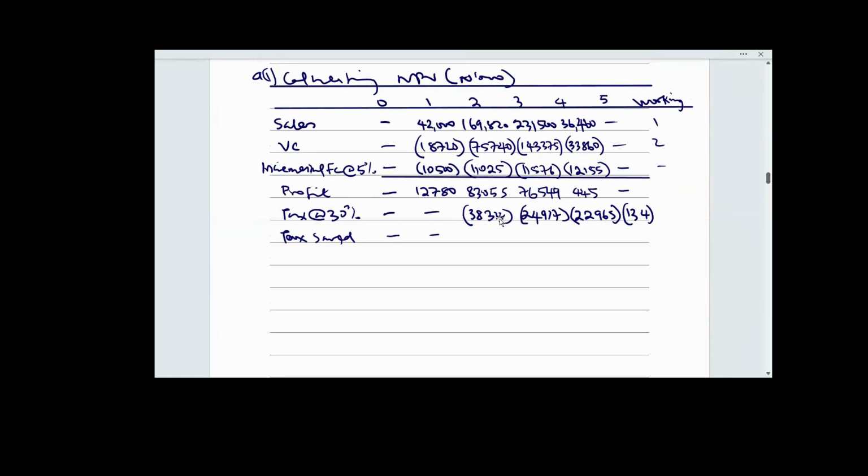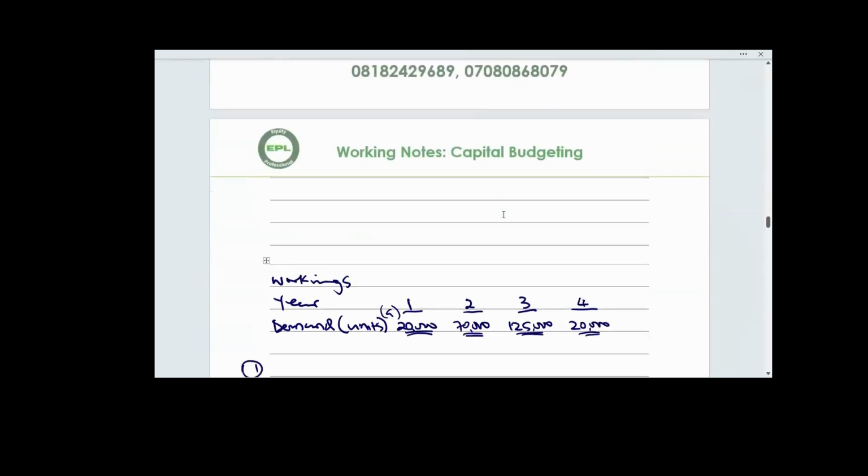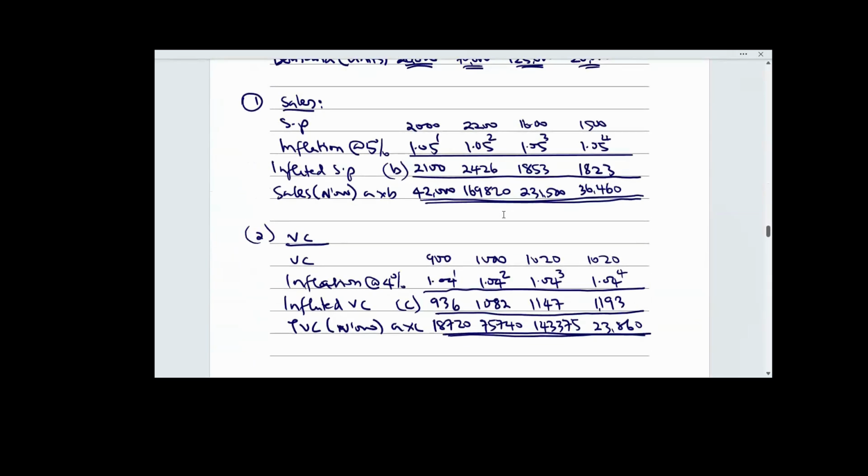I mean the variable cost for year 4. 36,460 is the sales value. The variable cost is 23,860.